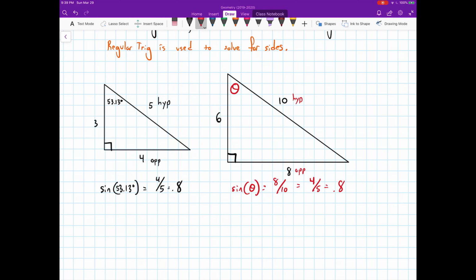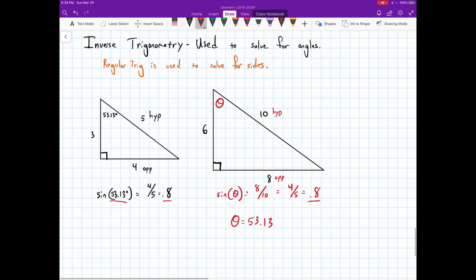So if I know that sine of theta is 0.8, and I know that sine of 53.13 is 0.8, then it stands to reason that theta has to be 53.13. In other words, if I have a trigonometric ratio and enough sides, I should be able to get the angles of my right triangle. So inverse trig is used to solve for angles.